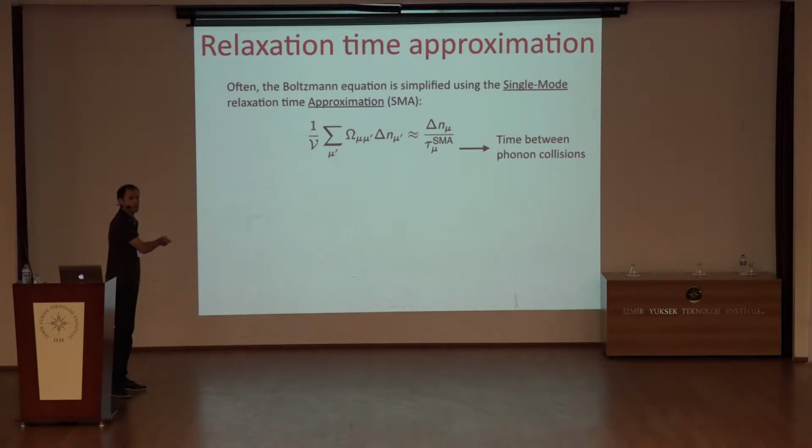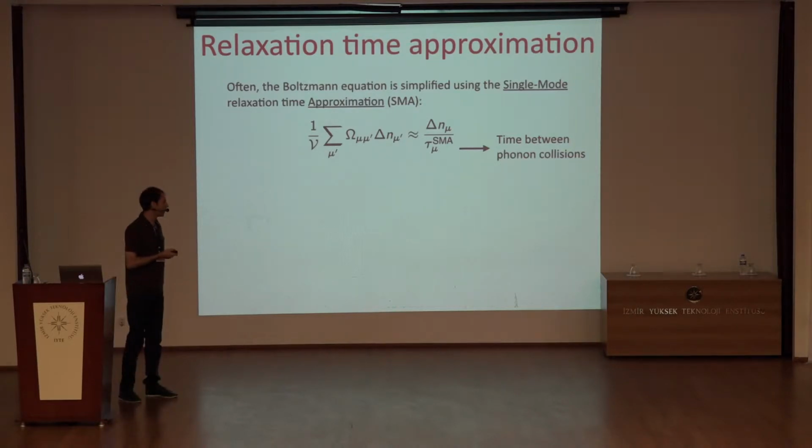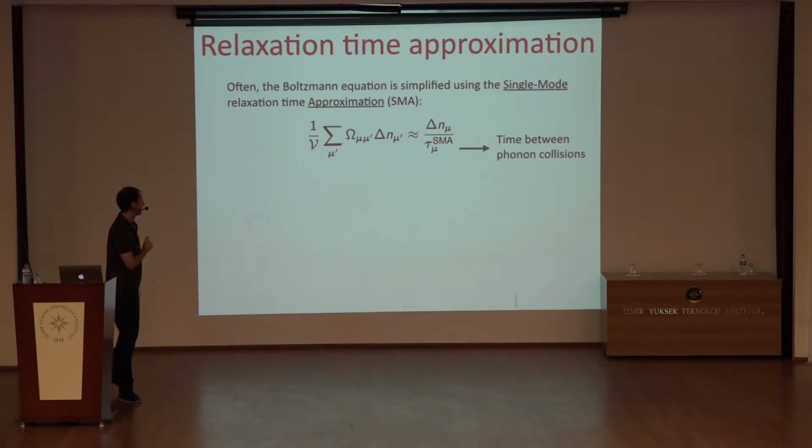And the diagonal matrix elements also have the meaning of the phonon lifetime. So they actually coincide with the inverse of it. This tau also represents the average interval of time between two consecutive phonon collisions.